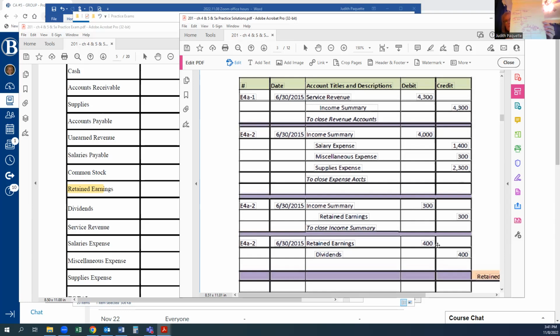Everybody put your guess in. So this is my T account for retained earnings. What's my ending balance? 2,100 credit. Or you can just call it out. So Hamza, you say 2,100. James, you say 2,500. Everybody else put in the chat what you think it is.